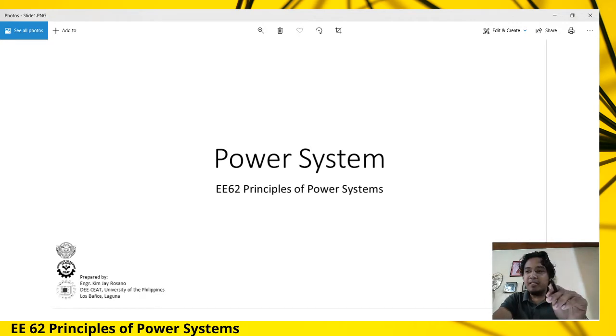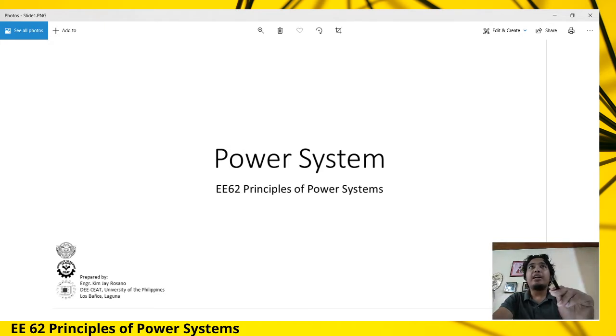Okay, so I guess I'll start with power system. Power system in itself, yeah. So power system is a system of devices, it's a system of equipment na whose main purpose is to generate electricity and deliver it to end users.